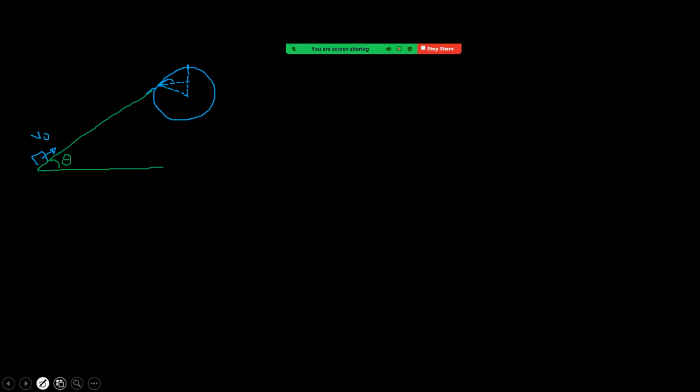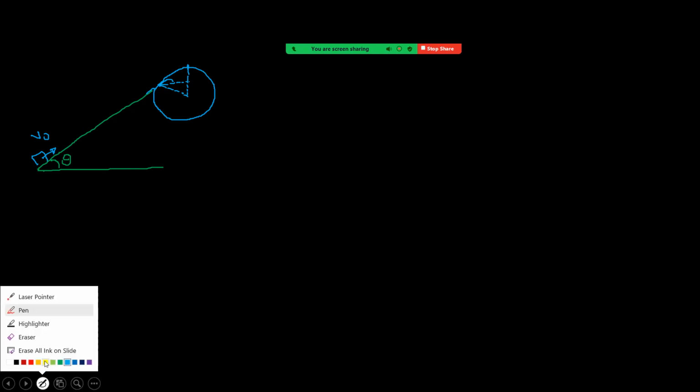You can see carefully how much height the block has to reach up to this point. The corresponding height, this is L, will be L sine theta. And you can see this angle is also the same theta. This is now r cos theta.